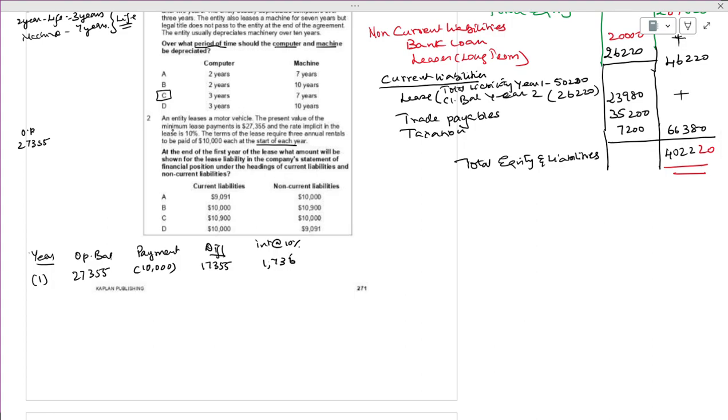Then you will have the closing balance. 17,355 plus 1,736 gives 19,091. Is it clear to you?